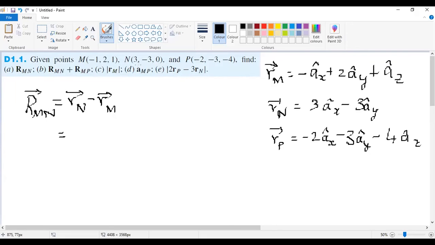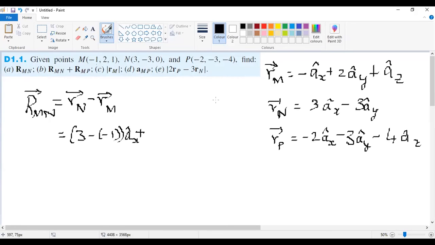So actually you can even write it from the points you have by taking the x, y, and z components. You have the x component of N is 3, of M is minus 1. So we have 3 minus minus 1, ax, plus Rn minus Rm, right?